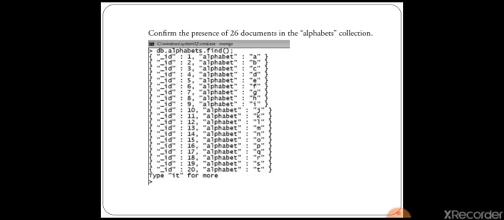For that we have to execute db.alphabets.find to find the documents. It will display the values _id 1 alphabet A, like this. It will run up to Z.